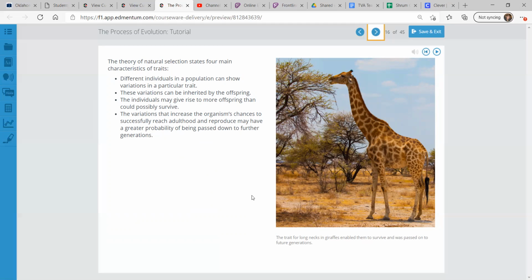Four, the variations that increase the organism's chances to successfully reach adulthood and reproduce may have a greater probability of being passed down to further generations. The trait for long necks in giraffes enabled them to survive and was passed on to future generations.